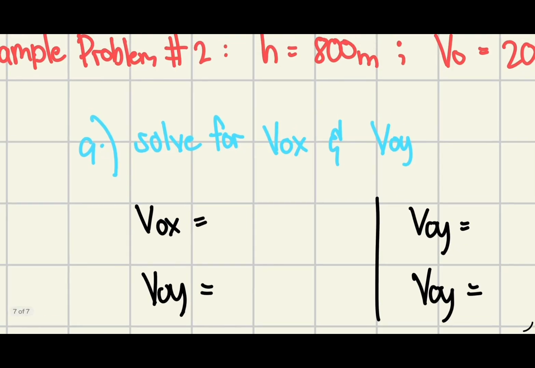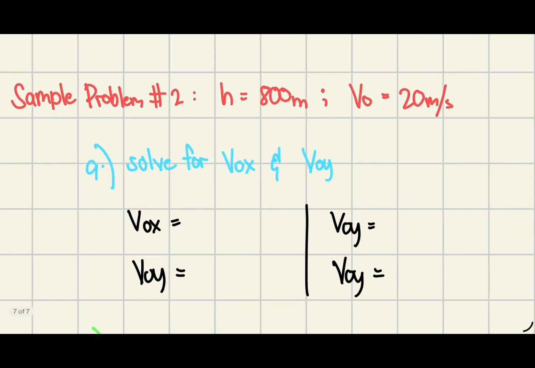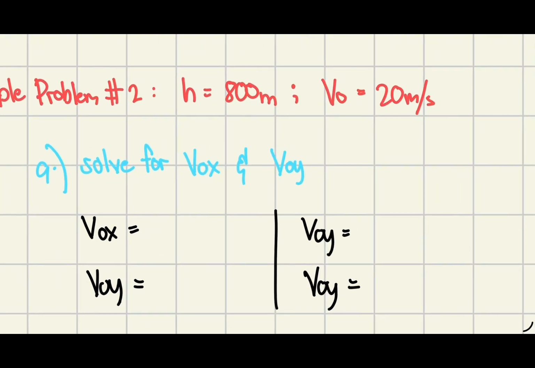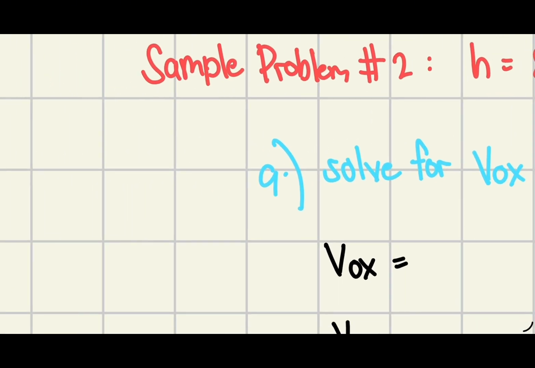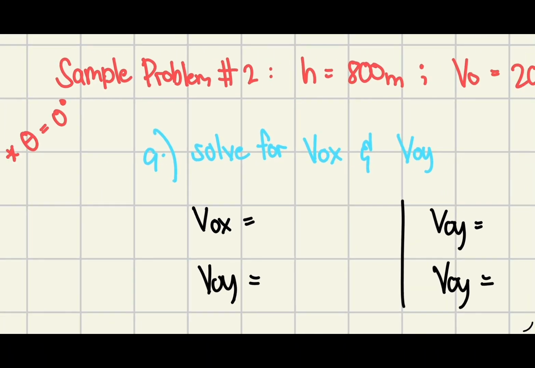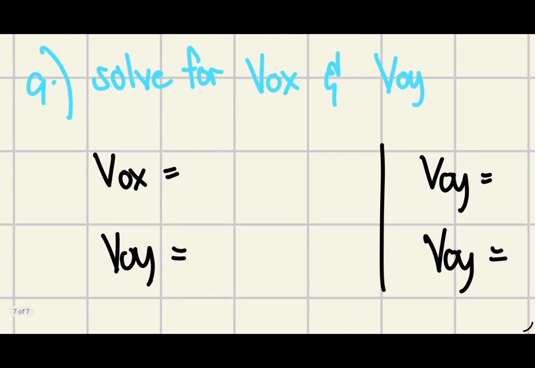Now notice in our problem that we are not given the angle of projection or angle theta, but we can infer, as it is in the case number 2, that when an object is projected, elevated at a certain height, and is projected at a horizontal velocity, we can infer that the angle theta is equal to 0 degrees.